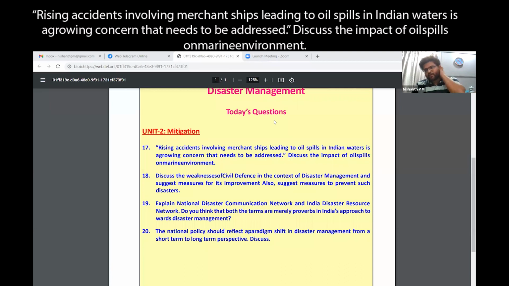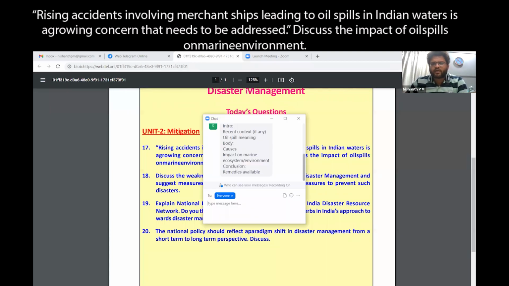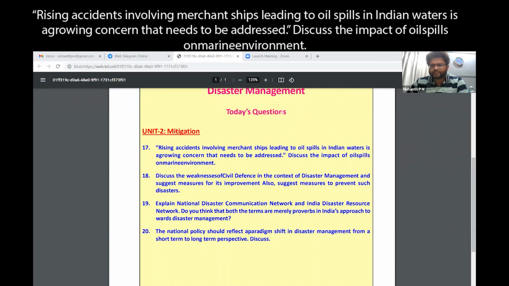Oil spill refers to an event where a merchant ship, or any object, as a matter of fact, is going to release oil in an uncontrolled way. The oil is being released into water.